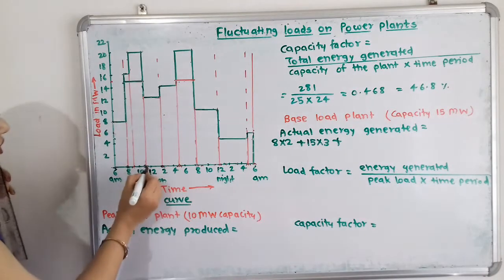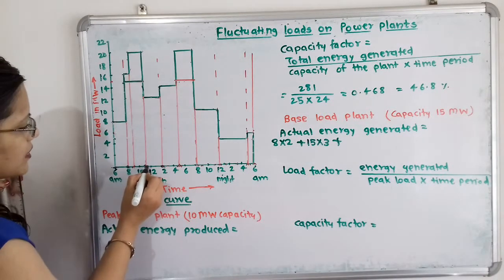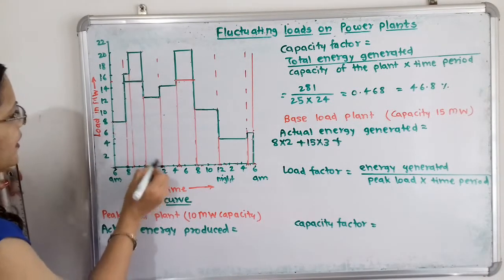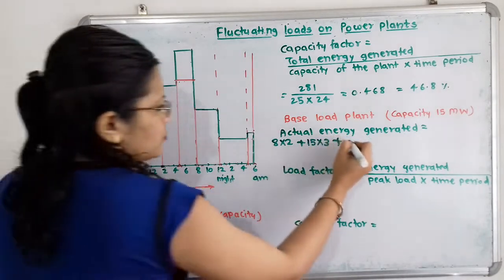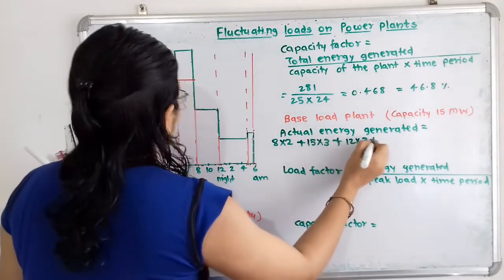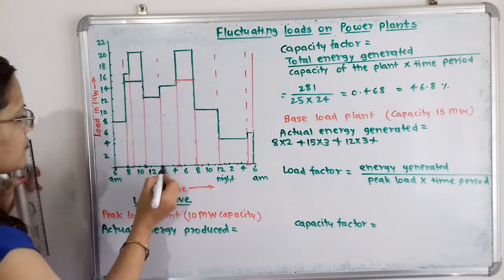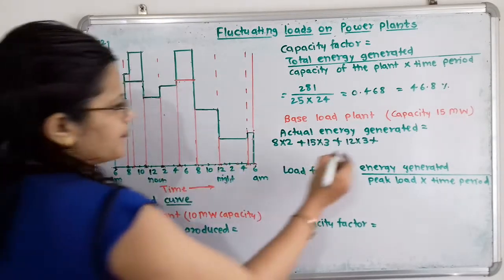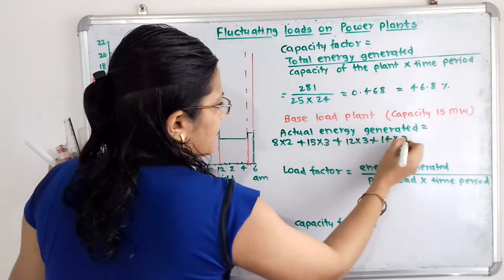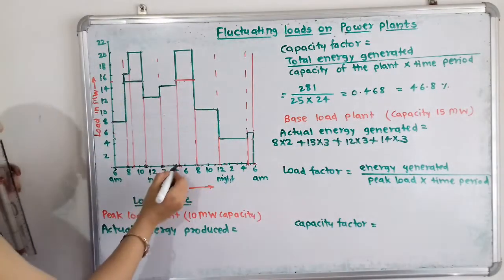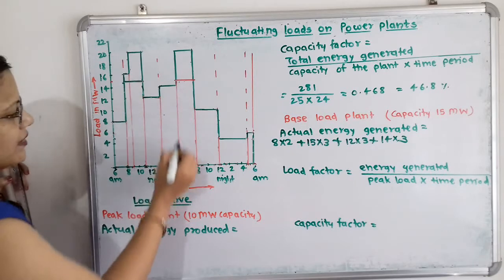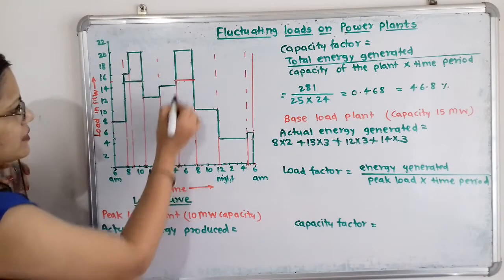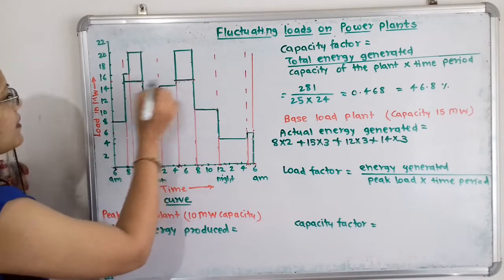Plus we will move to the next, that is this 11 to 2, that is 3 hours, and height is 12. So 12 multiplied by 3 plus. Now next is 14 multiplied by 3. Now we will move to the next area. So this next area is for 3 hours and height is 15 megawatt.